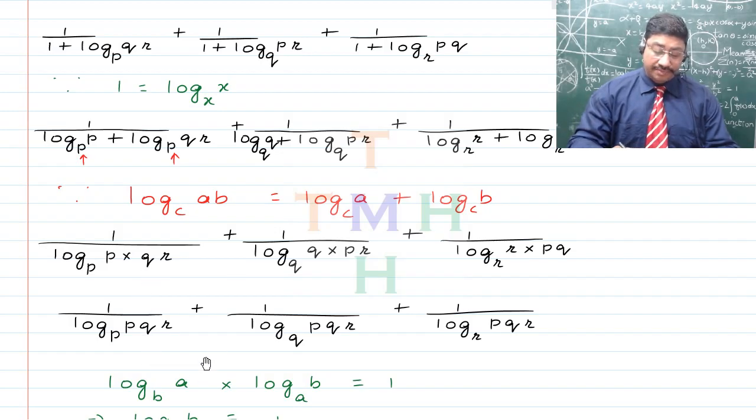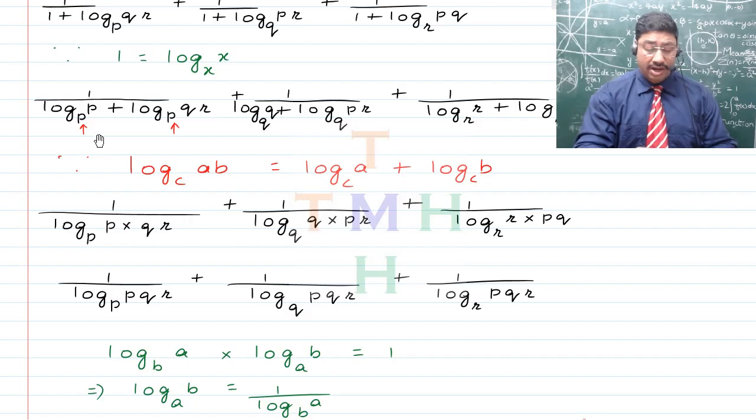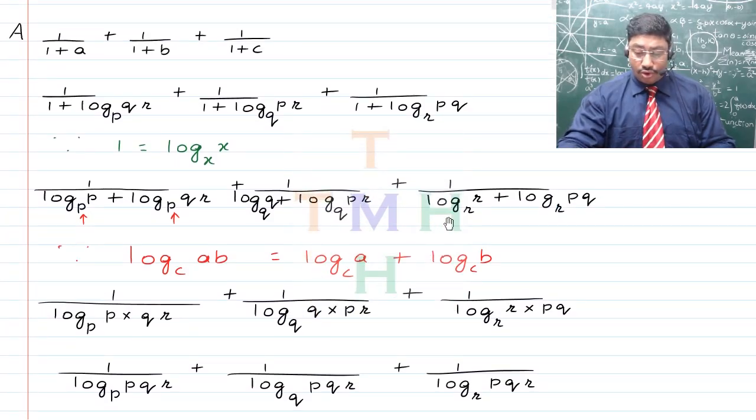So as such, here now that we have the sum, we will write the product of the terms whose logs we were finding out with the same base. So now we have log of PQR to the base P, and here we have log of Q into PR to the base Q, and then here we have log of R into PQ to the base R.